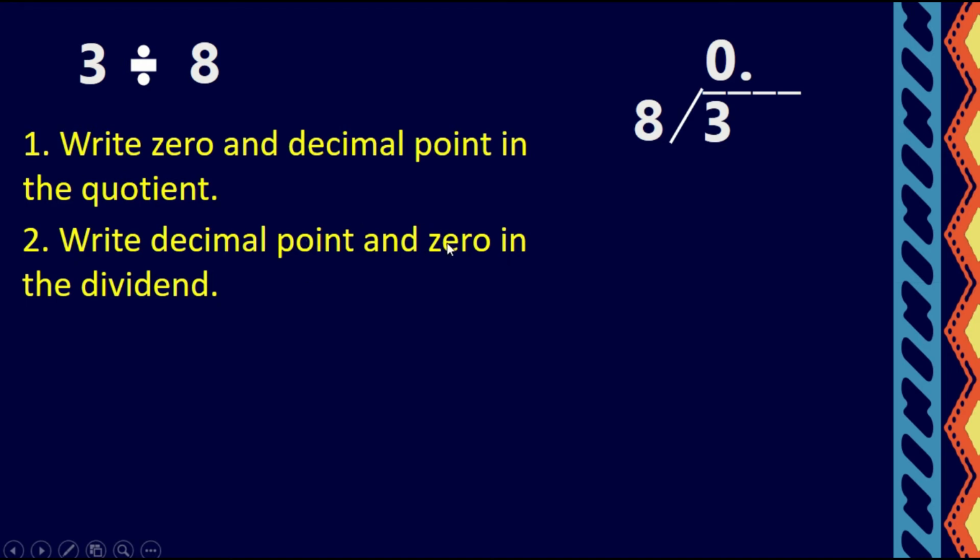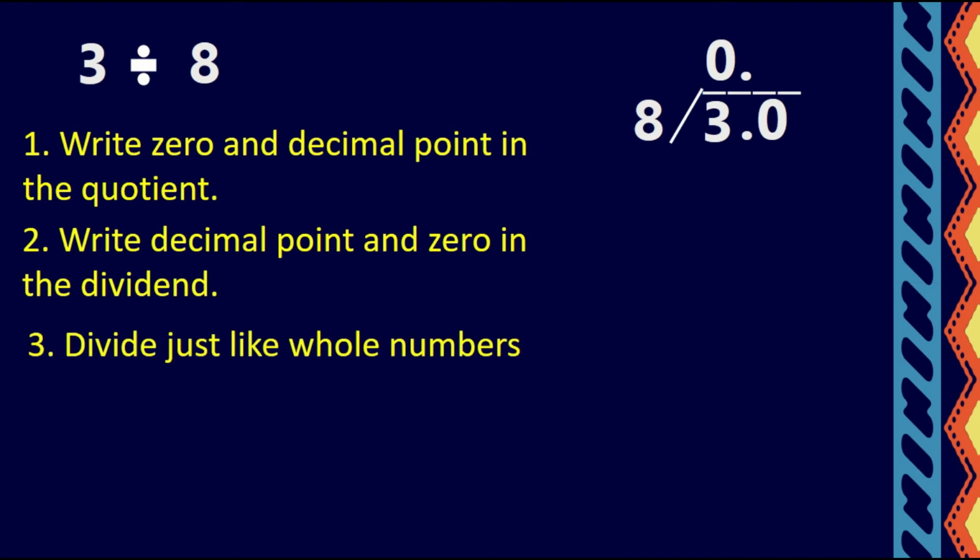If you will notice, it's reversed. So this time, you will have point 0. Divide just like whole numbers. So we have 30 divided by 8, we have 3. 3 times 8, we have 24. We're going to subtract 30 minus 24, we have 6.